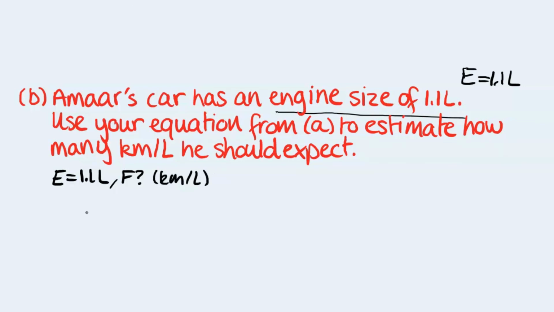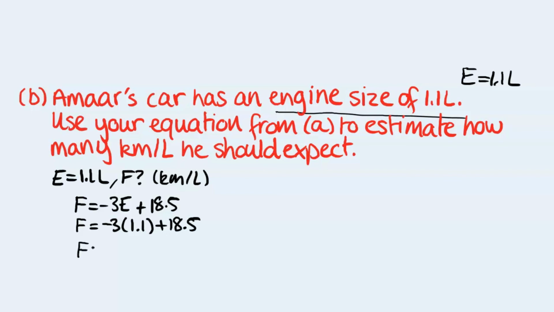If you know one of the variables, you need to calculate the other, and it's measured in kilometres per litre. Okay, so how do you figure that out? All you have to do is use the equation we just figured out. So in this case, it's F is equal to minus 3E plus 18.5. Okay, so let's substitute what we know. We know what E is. So F is minus 3 times 1.1 plus 18.5.